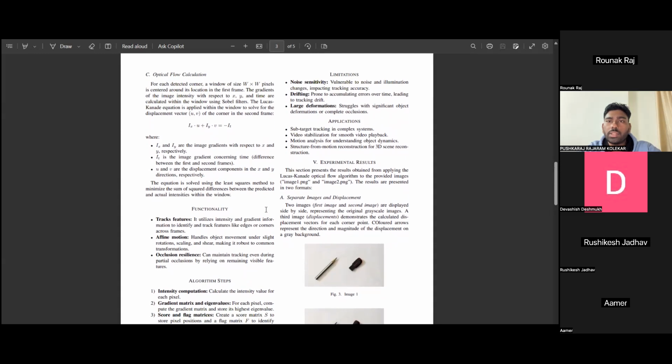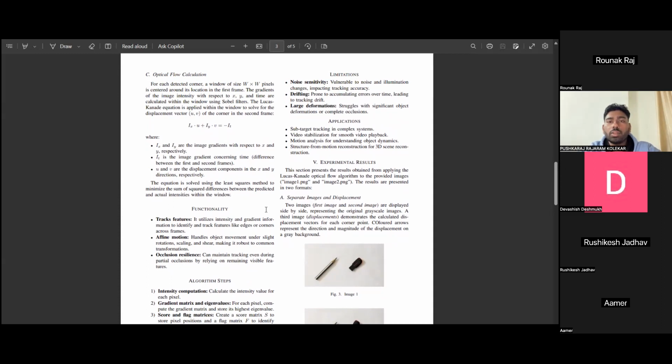Then we calculate the image intensity gradient with respect to X and Y. Then the Lucas-Kanade equation is applied within the window to estimate the displacement vector u and v of the corner in the second frame. This equation relates the intensity changes to the motion through a linear relationship. The equation involves the least squares method to minimize the difference between the predicted and actual intensity within the window.